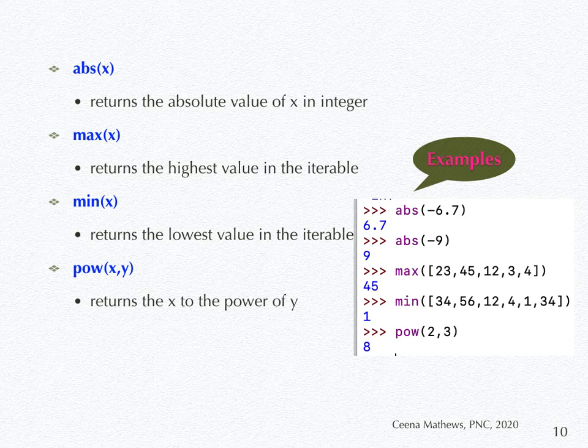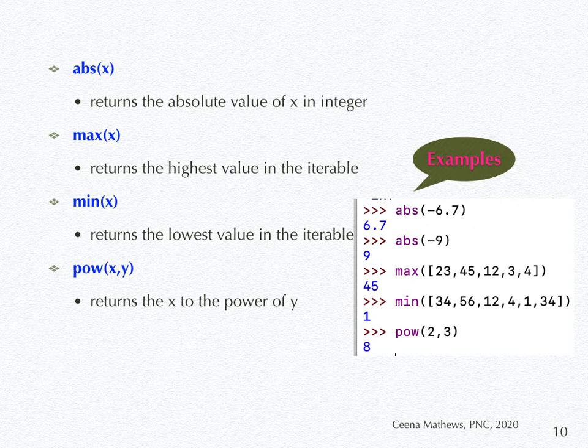And max returns the highest value in the iterable object, that is, list. From the list or tuple, you can find the largest value. Okay, example is given here. Max of the list 23, 45, 12, 3, 4, and the maximum value here is 45. And similarly, we have the min function to find the lowest value in the given list. 34, 56, 12, 4, 1 and 34, the smallest value is 1.